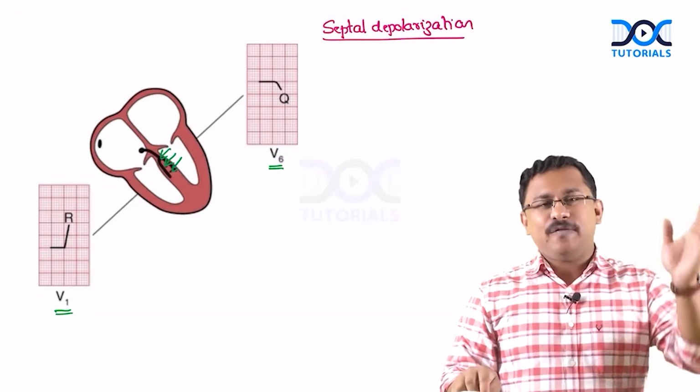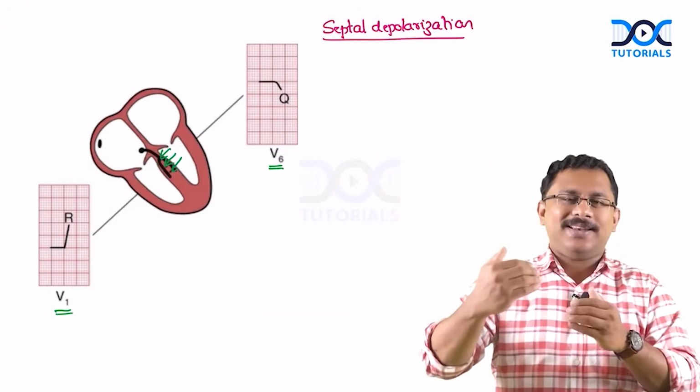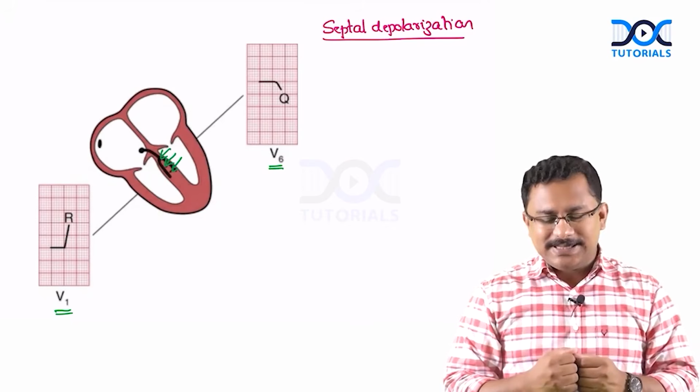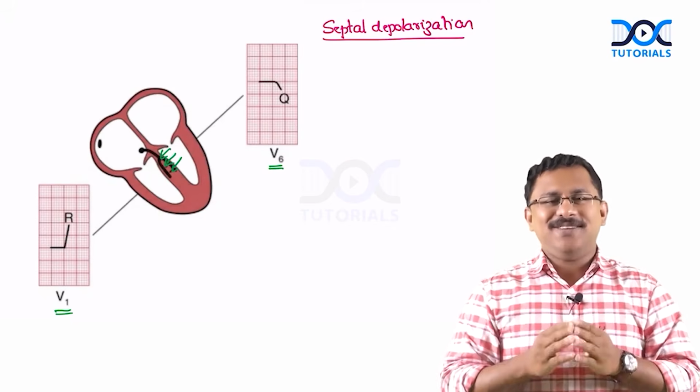So in case of V1, the septal depolarization will produce a positive deflection. But since it is a septal depolarization, it is a small wave. So you will have the R wave in case of V1. Whereas in case of V6, remember the net vector is away from V6. So it will be a negative wave.